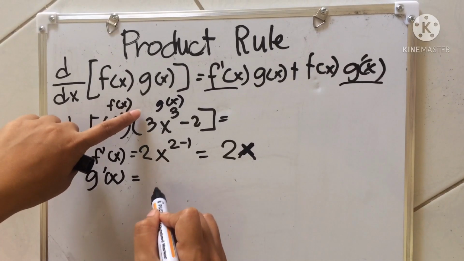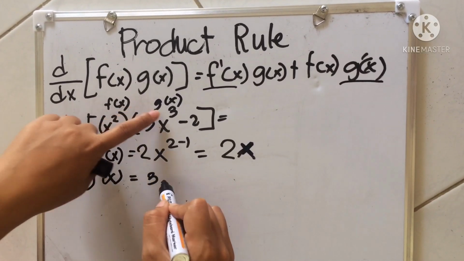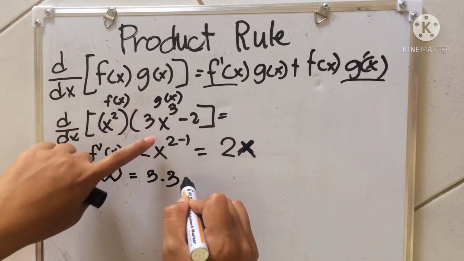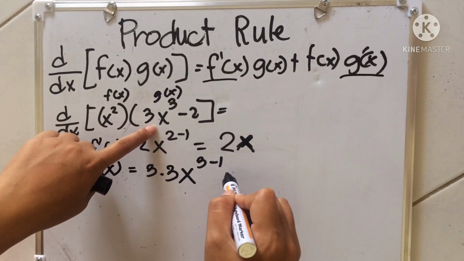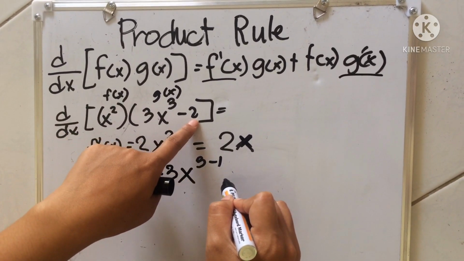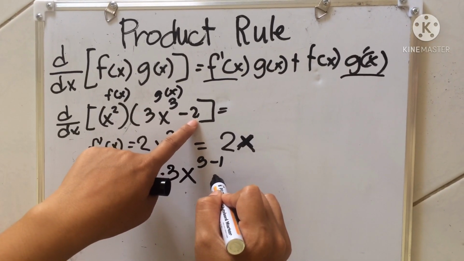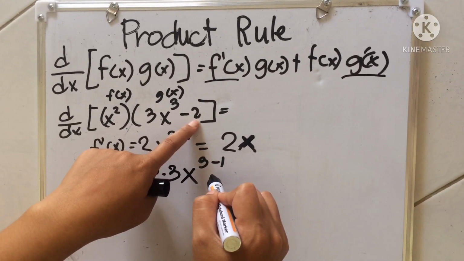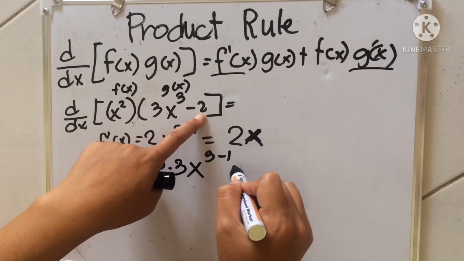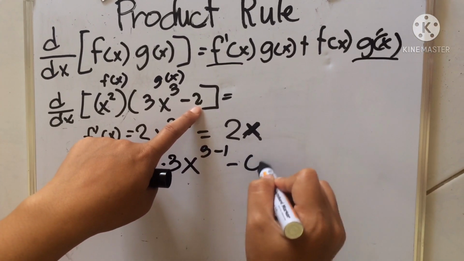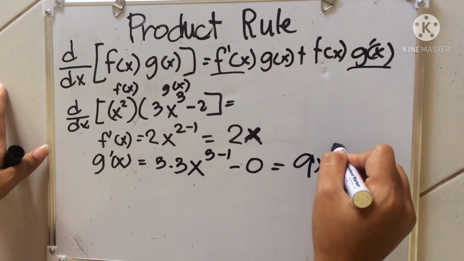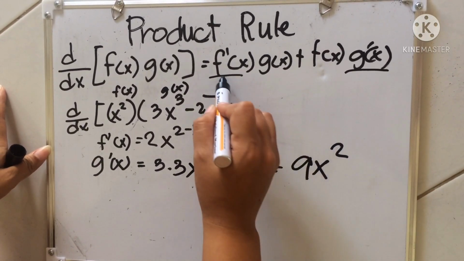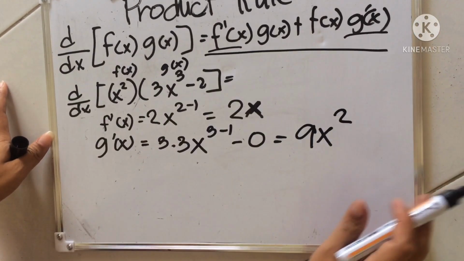So g prime of x is 3 times 3x cubed minus 1. The 2 is the constant, so in the constant rule, it's always 0. So it is equal to 9x squared. We use this formula to get the answer.